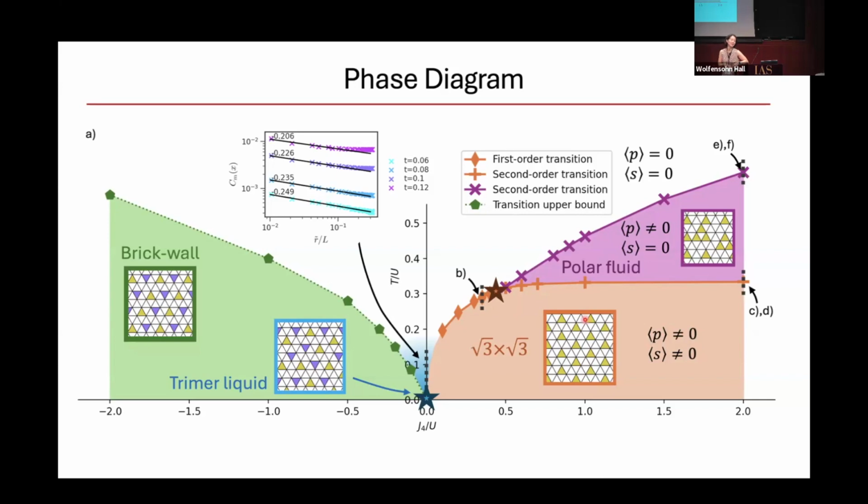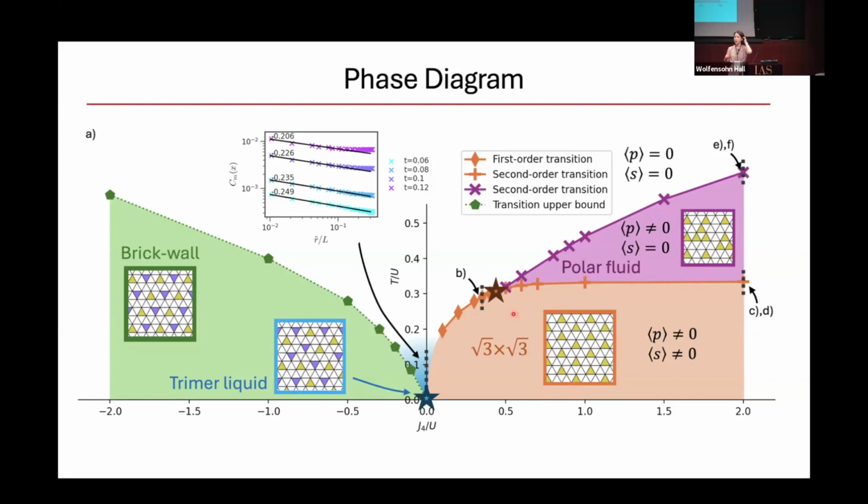P being non-zero means everybody's pointing in the same way. A polar fluid has polarization, so everybody is still pointing the same way, but translational symmetry has been restored. Here, everybody is rigidly in the tripled unit cell; in the polar fluid, they're kind of moving around.